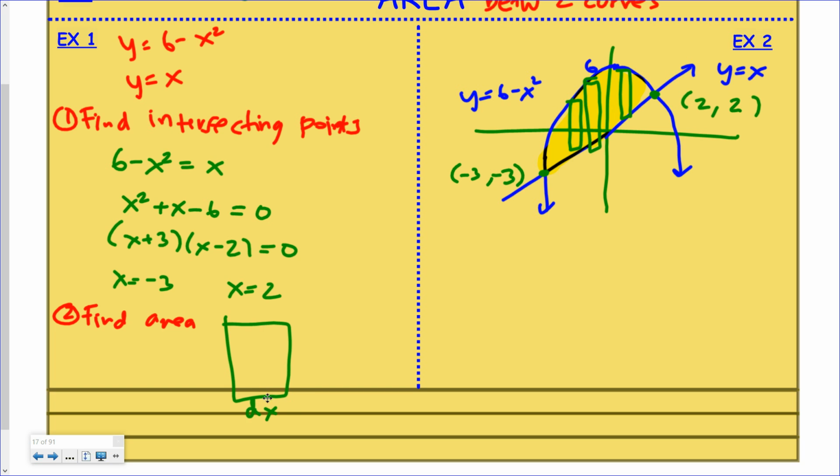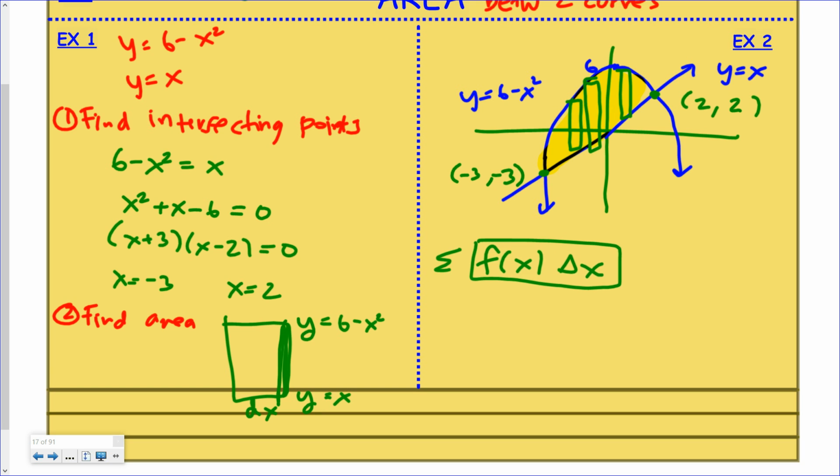So remember, this is a dx width. If I took one of these Riemann sums and blew it up, the length of this thing is going to be this y minus this y. The top y was 6 minus x squared. The bottom y is x. So the way the problem is going to be, this f of x times delta x, remember this is a sum, this part right here represents the area of a Riemann sum bar, of one bar.